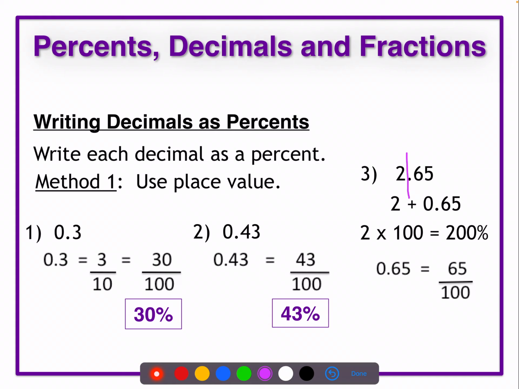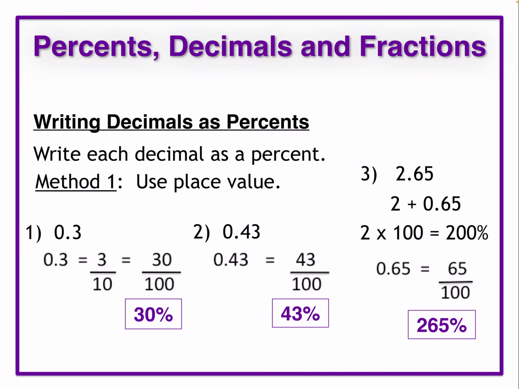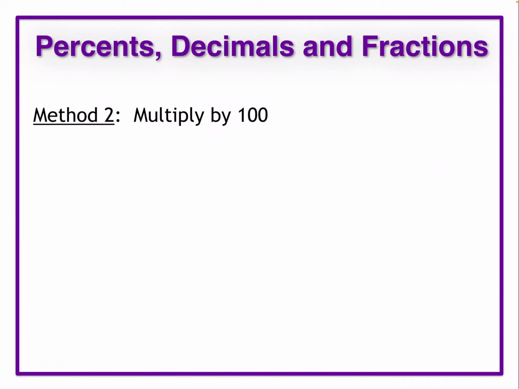And then the 0.65, we change it with the place value. Since it's in the hundredths place, the last number, the 5, that means it's 65 out of 100, which is 65%. So if we add them, 200% plus 65%, it'll be 265%.